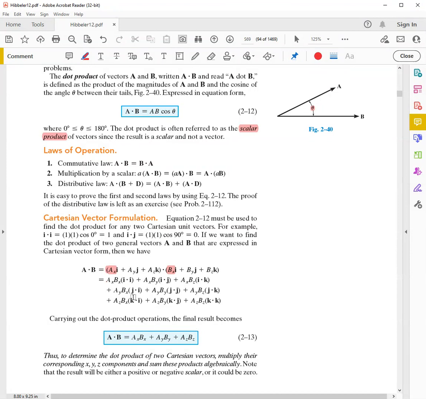Or if we go like in algebra, we take this and multiply 1, 2, 3, and take this and multiply 1, 2, 3, and take this and multiply 1, 2, 3. The unit vector dot products are all 0 except those that are in alignment. So that's why only this one, this one, and this one are left at the end. The rest would be 0.